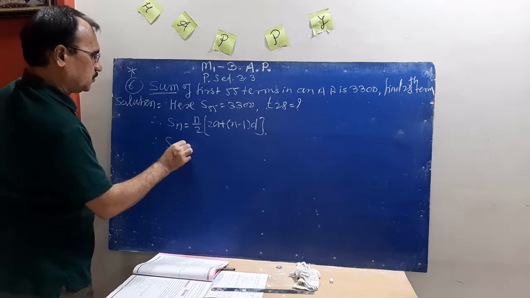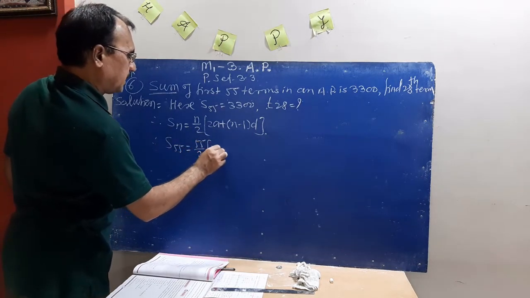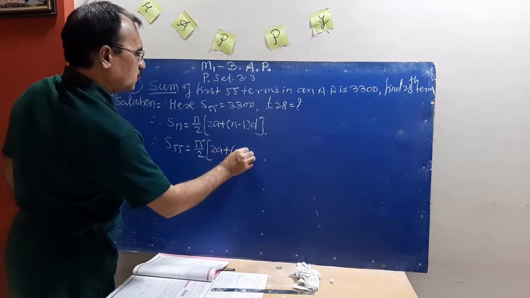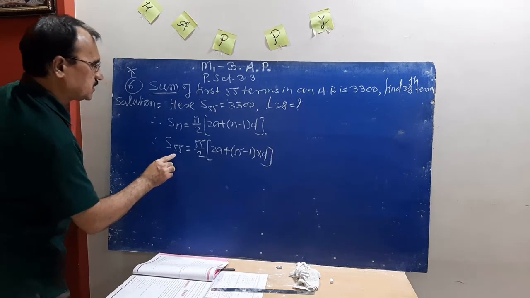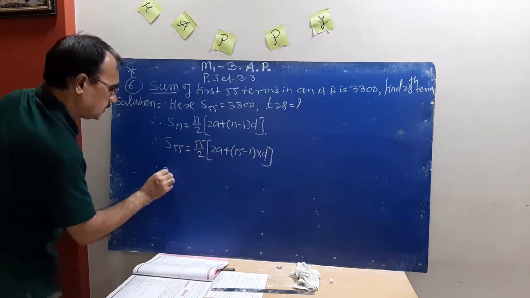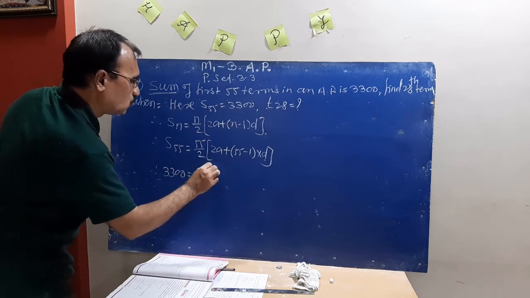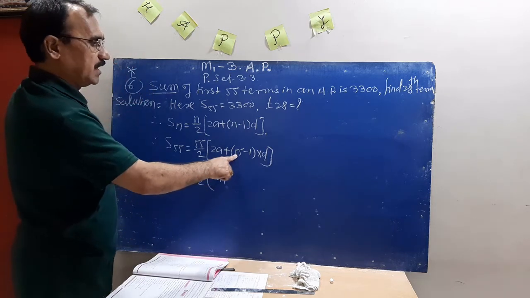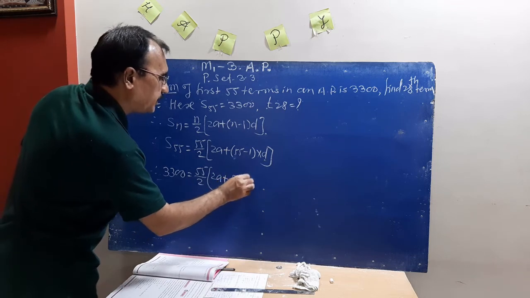Now S55 is equal to 55 upon 2 in bracket 2a plus 55 minus 1 into d. Since S55 is already given, 3300 is equal to 55 upon 2 in bracket 2a plus 54d.